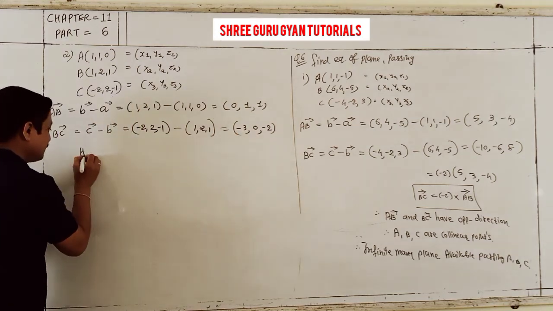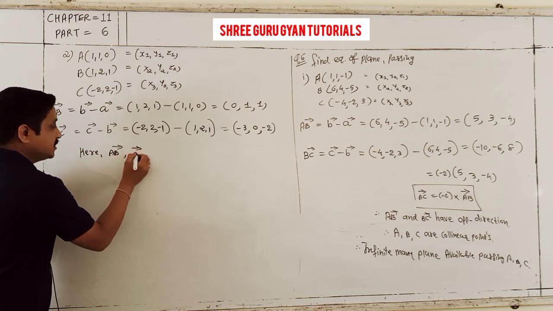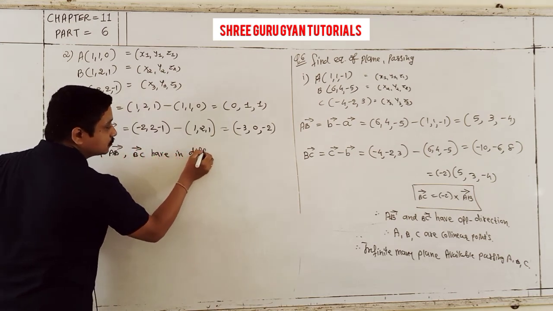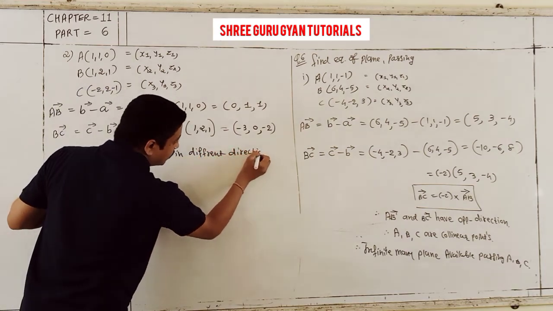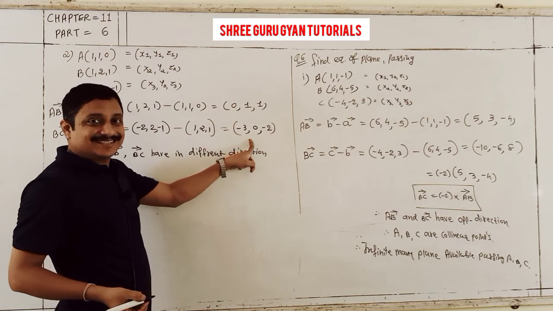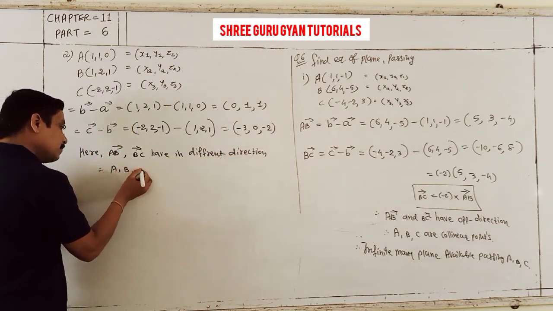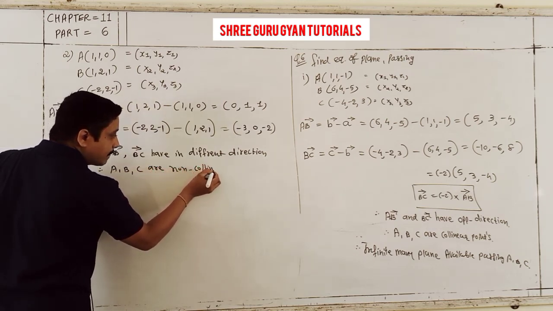Check. No common direction is seen. So here AB and BC have different directions. There is nothing common between them. So with different directions, confirm A, B, C are non-collinear.